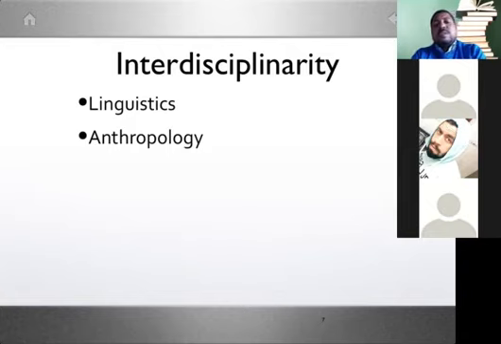And the second big branch is, of course, cultural, or as some call it, social anthropology. Social anthropology is interested in the study of the culture of human beings. And one of its sub-branches is linguistic anthropology. Okay? It is interested also in the study of language, language acquisition, language in its social context, etc. But from an anthropological standpoint, of course.